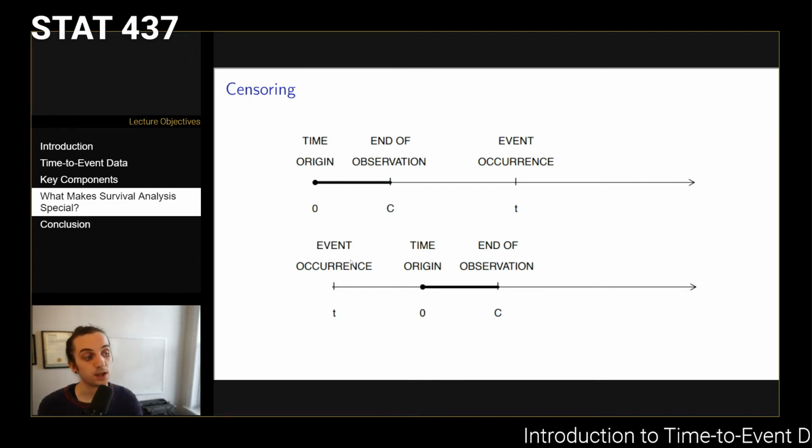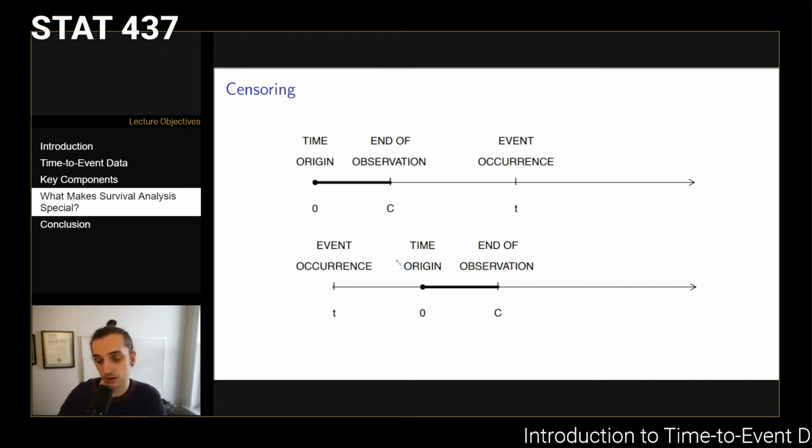And in this situation, we know that this individual did not even survive until whatever we've defined the time origin to be. And so obviously in this setting, the time origin could not be their birth, right? Because we know that the event occurred before we started observing them. But the point is that when they're under observation, the event's already occurred.